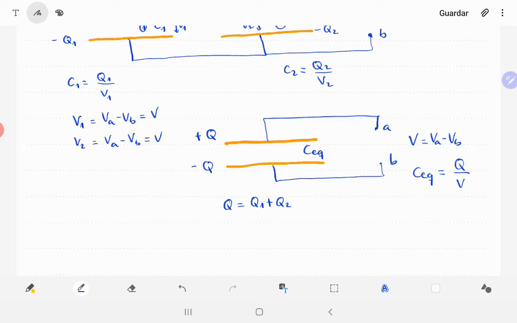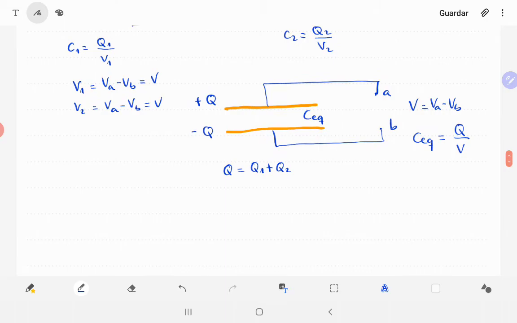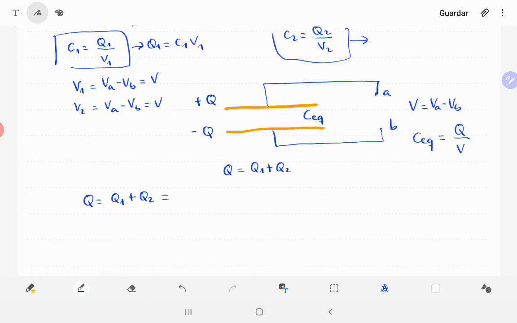Now we bring everything together. If Q is equal to Q1 plus Q2, and I take from here that Q1 is equal to C1 V1, and from here that Q2 is equal to C2 V2, then we come to the conclusion that this is C1 times V1 plus C2 times V2.